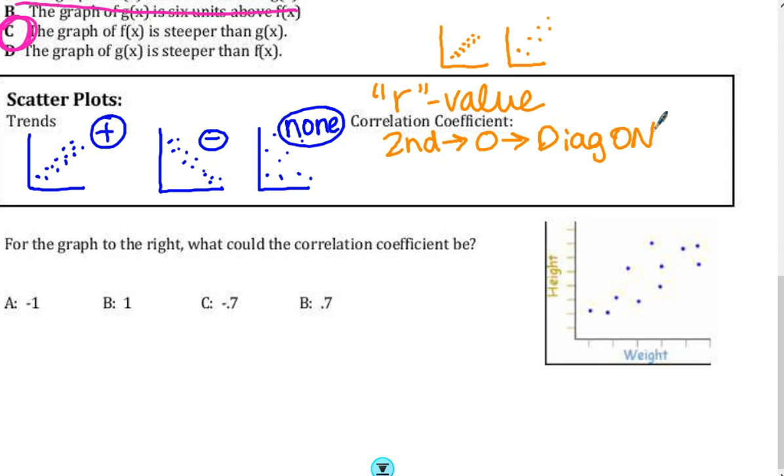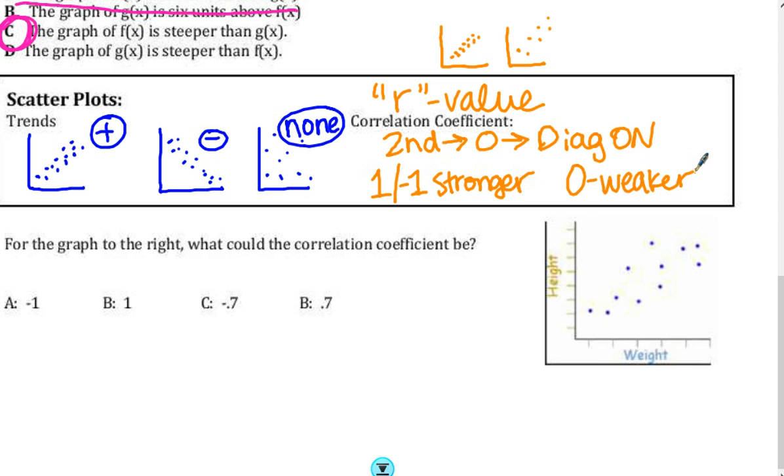And again, remember, the closer the R value is to 1 or negative 1, the stronger it is. And the closer to 0, the weaker it is. So if I had an R value of like 0.995, that's very strong. It's very close to 1. Versus if I had an R value of like 0.23, that's pretty weak.